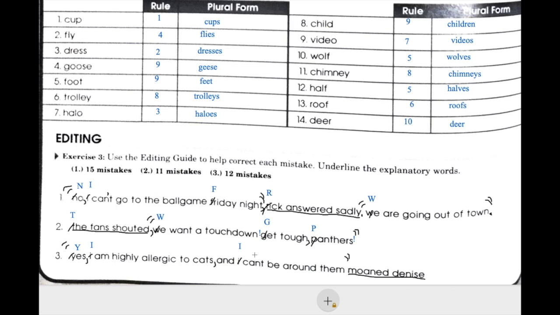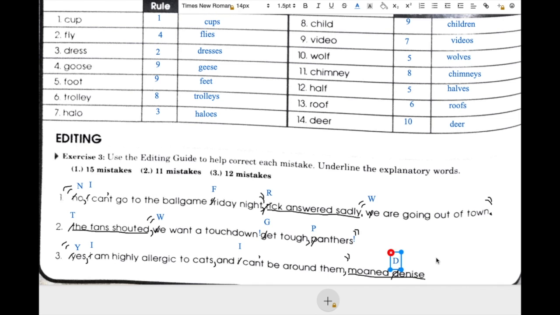Can't is a contraction, so we need an apostrophe. And of course we have explanatory words at the end, so we can't forget we need a comma right here at the end of the quotation, but inside the quotation marks. Moaned Denise. Let's capitalize Denise, proper noun. And we need a period at the end of the whole sentence.